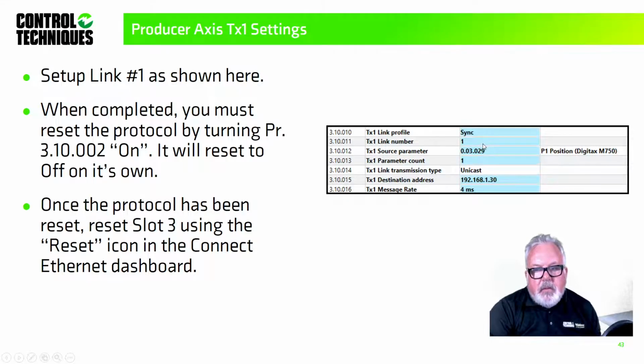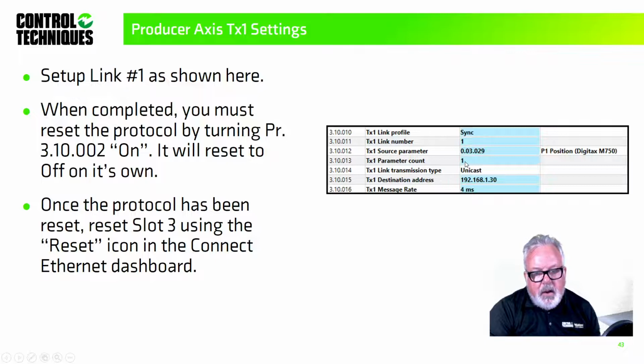That's transmit link 1. Here's the source parameter, which is menu 3, parameter 29. Notice you can send data or parameters from modules also in other slots. But I'm going to just stick to slot 0, which is the base drive, menu 3, parameter 29.